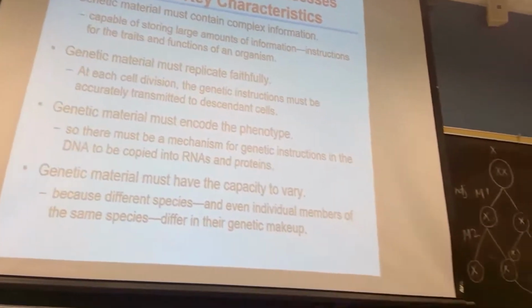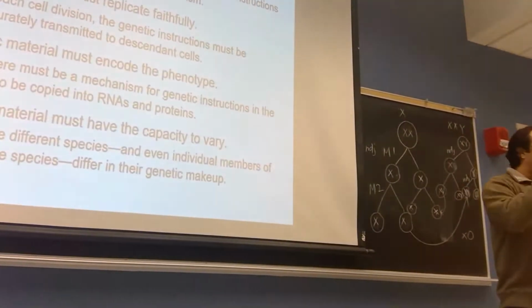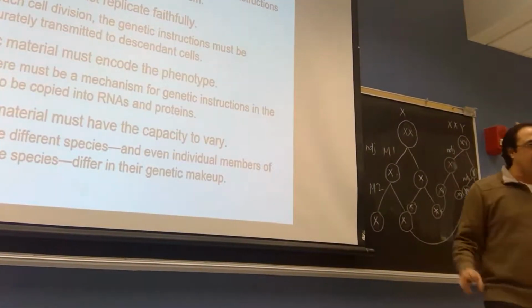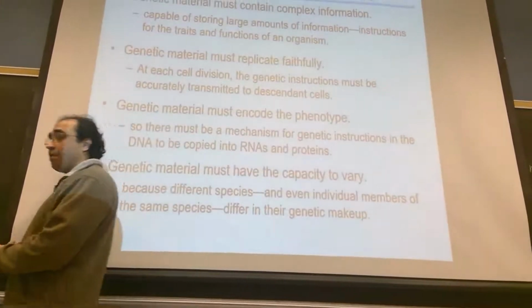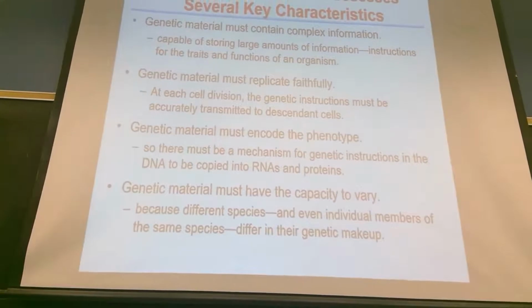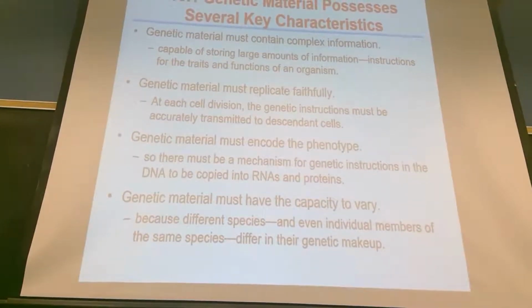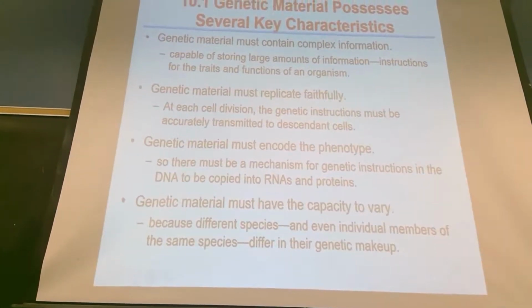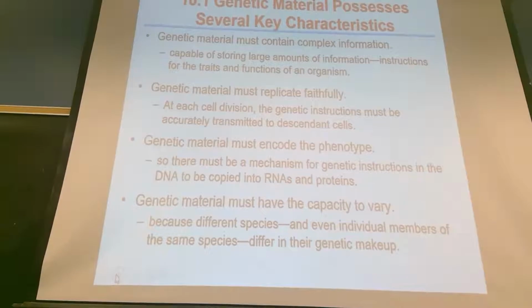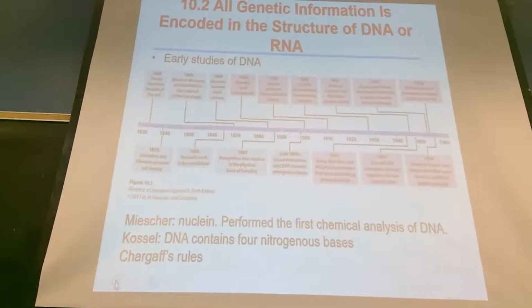Why? Because of crossing over. During crossing over, the genetic material is exchanged between chromosomes, and that's why the variation occurs. So they must have some kind of variation. If there is no such variation, if there is no such mutation, then the species will not survive. They will die. That is the normal condition. And this is called inbreeding and speciation. When we talk about the population part, we'll talk about that one.